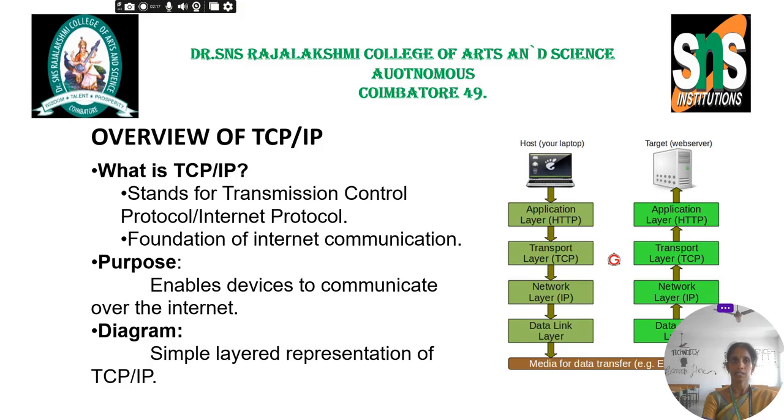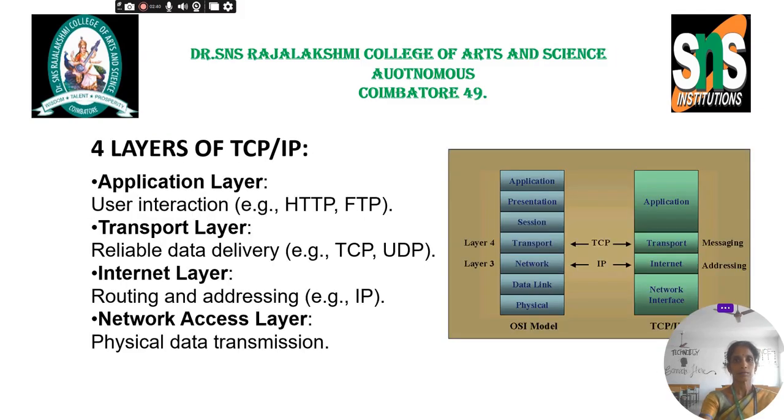After that, on the receiver side, we have a list of protocols likewise: the application layer, transport layer, network layer, and data link layer. So generally TCP/IP contains 4 different types of layers. These layers perform different functionalities with the help of different protocols called HTTP, TCP, IP, and the data link layer.